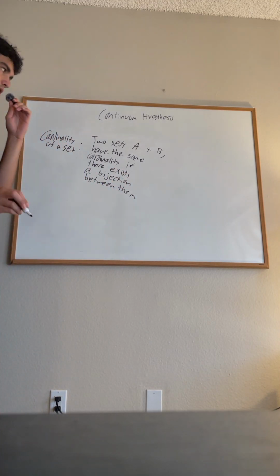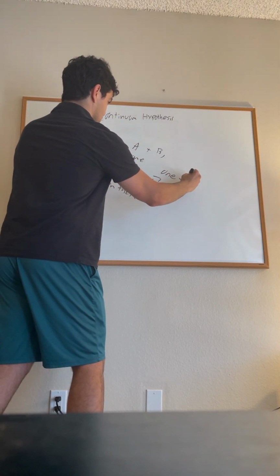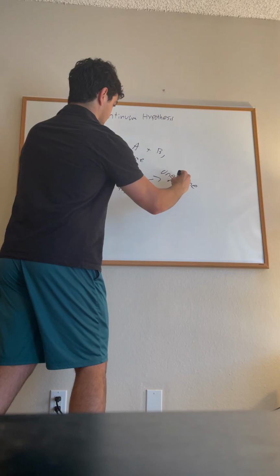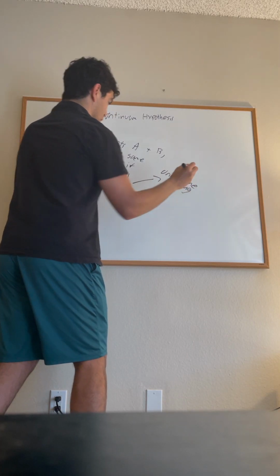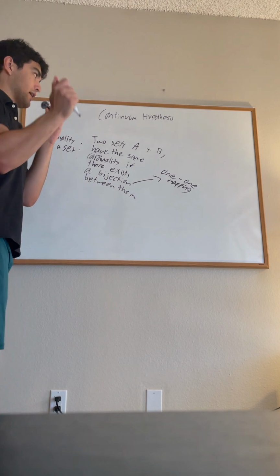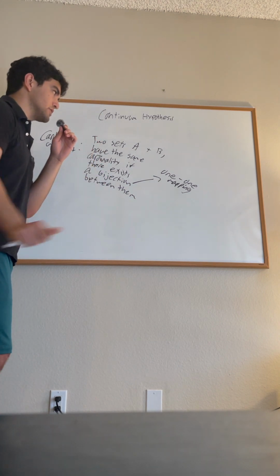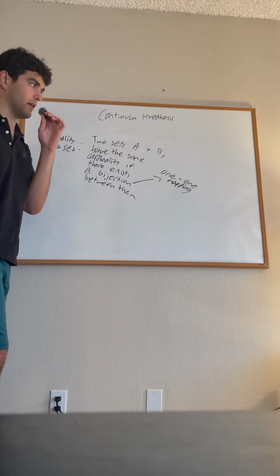And all a bijection is, is a 1-to-1 mapping. So if we can map every element in set A to exactly one element in set B, then there's a bijection between them and they have the same cardinality.